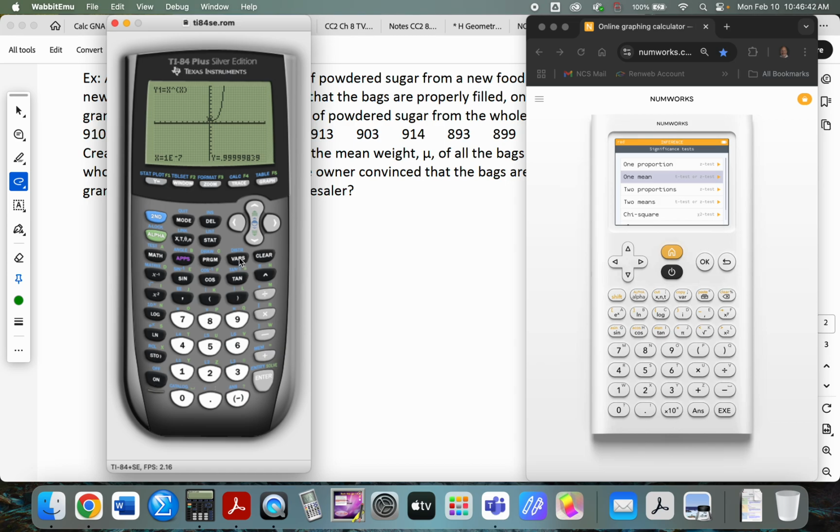This is on inference, and then one mean, and then t-test or z-test. On the TI, it's just a t-test. And actually, we want a t-interval.